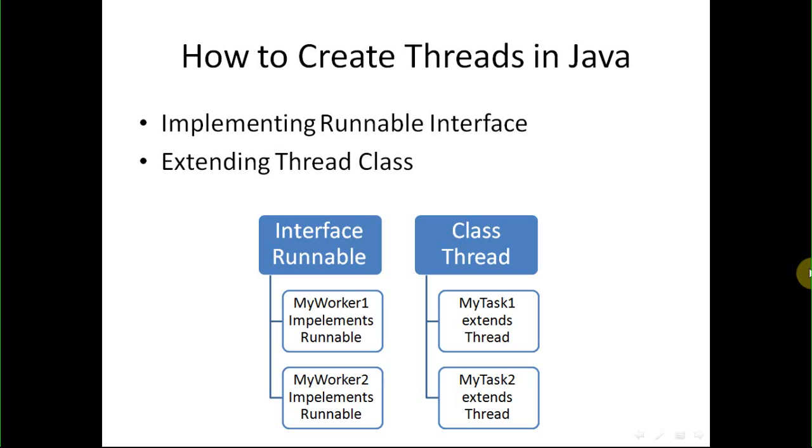Another important difference is that, as you know, in Java you don't have multiple inheritance. So if your class has already inherited from another class, it is not possible to extend Thread too. So you should implement the Runnable interface.